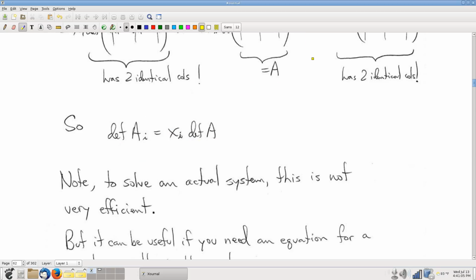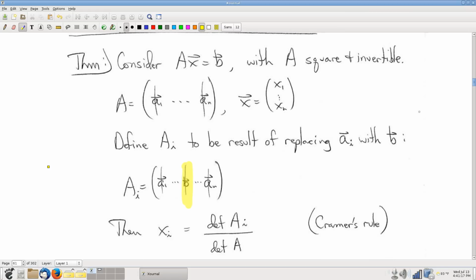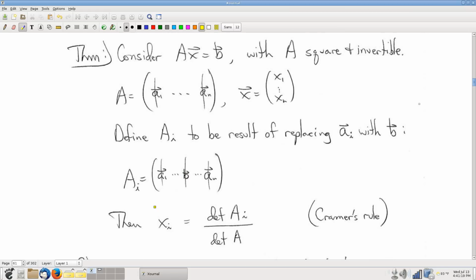I will point out that this is not a very efficient way to solve an actual system of numbers, because, well, gosh, look how many determinants you'd have to compute. Going back to the result here, in order to compute just one coordinate of the solution, I would need to compute two determinants.